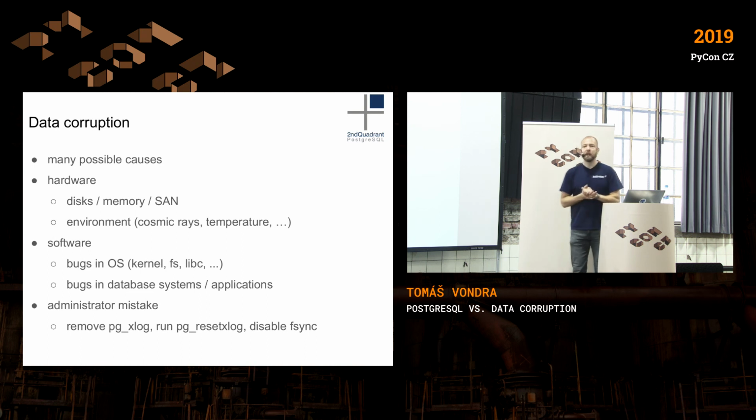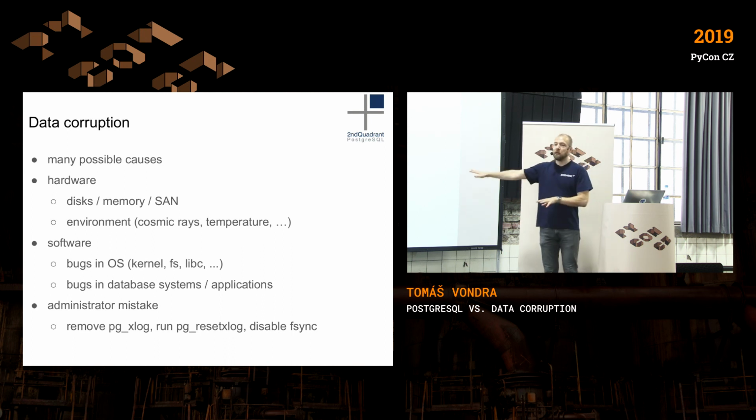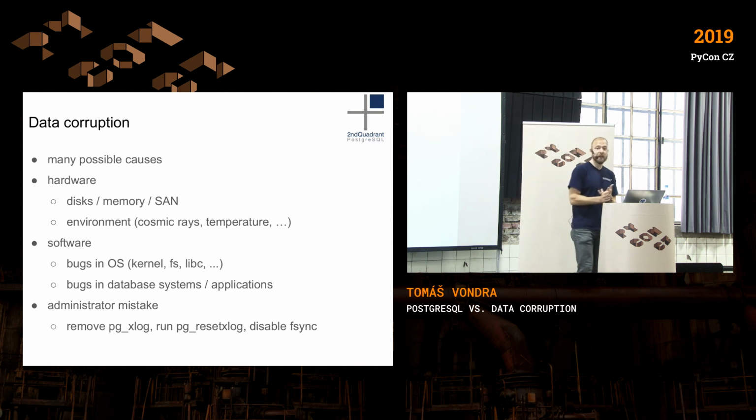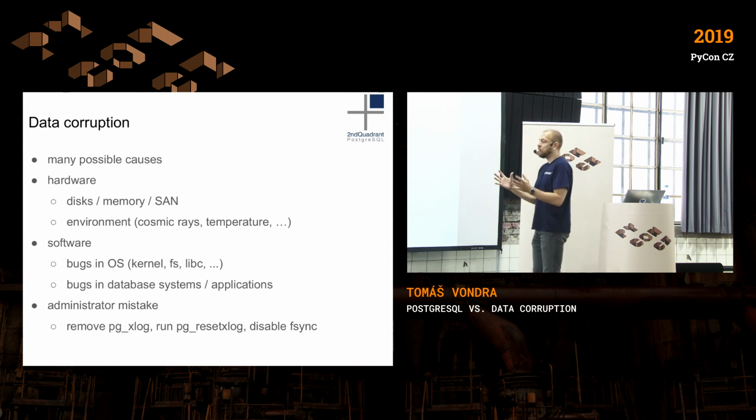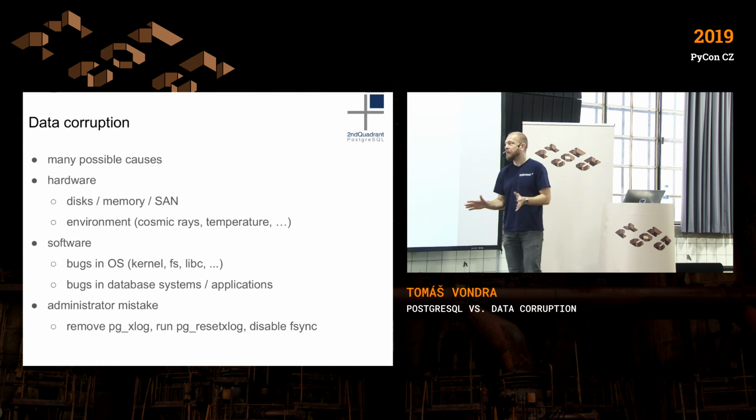So the most common case of data corruption is at the storage level, right? You have storage devices, disks, or network-attached storage, and those things can do really funny stuff. They can lose writes, they can damage the writes as they are happening. They can forget some of the data because on the spinning drives, the heads may touch the surface, which is pretty bad.